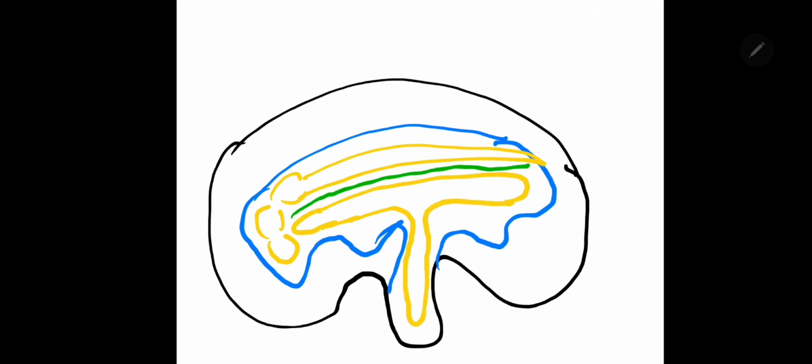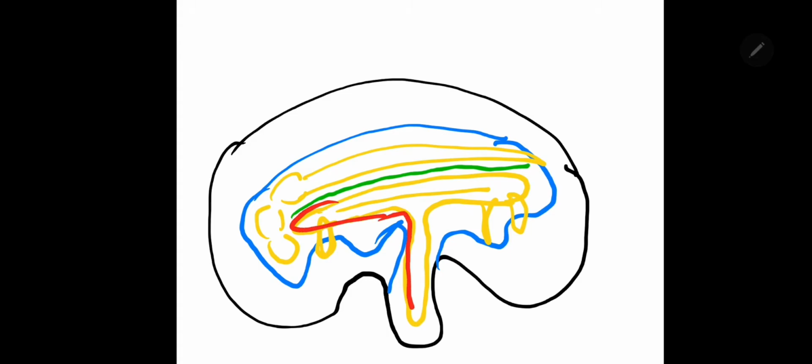You can see this yolk sac cavity is here, and here there will be formation of buccopharyngeal membrane, and the cloacal membrane will be formed here, and the allantoic diverticulum that you have seen will come here, the allantoic diverticulum. So here is the formation of the primitive gut tube.